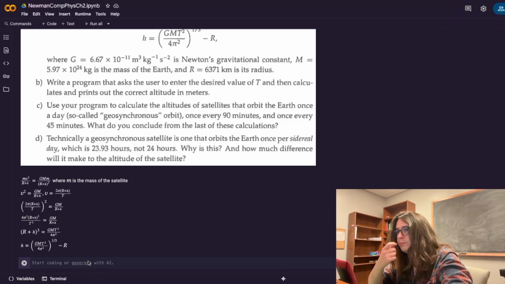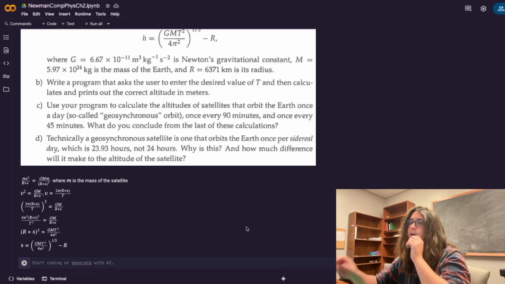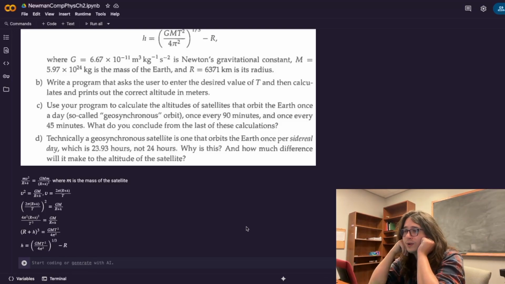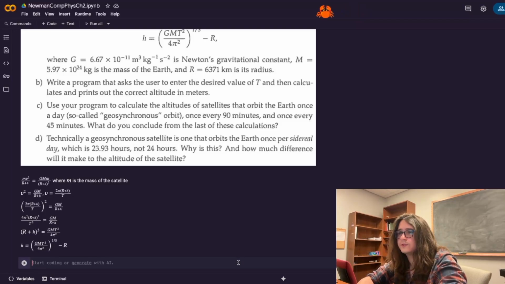Now we have to write a program that's going to ask the user to enter the value of t and then calculate and print out the correct altitude in meters. So we're going to do this from scratch.